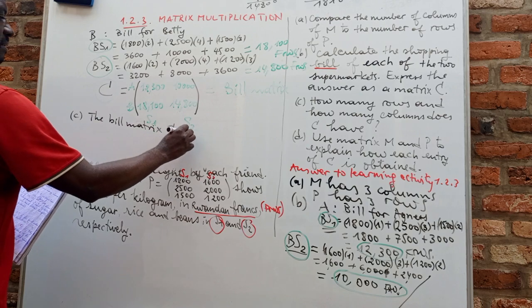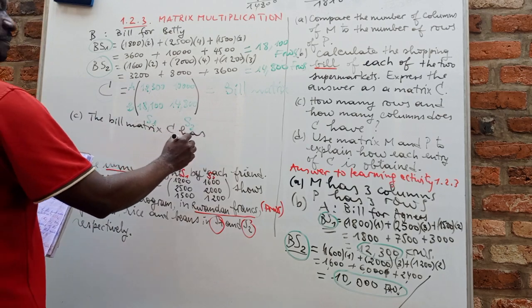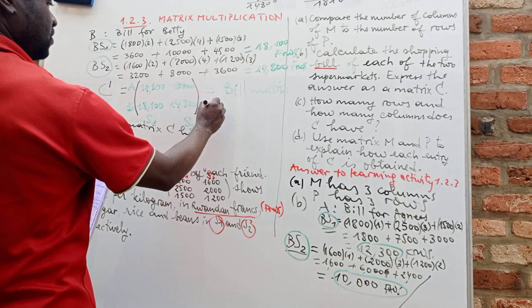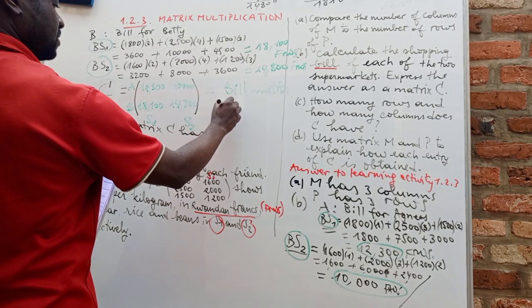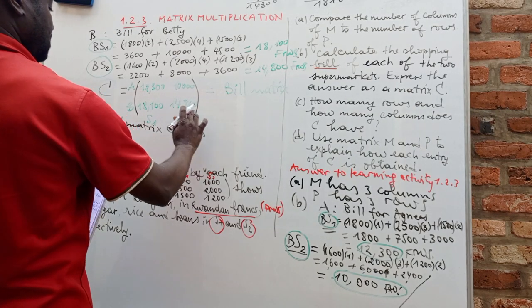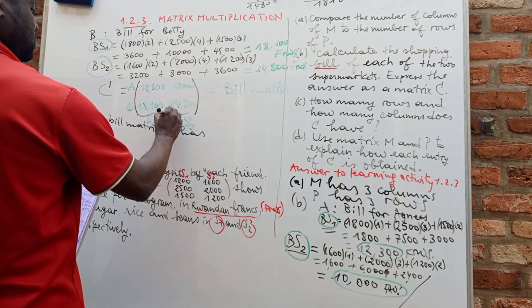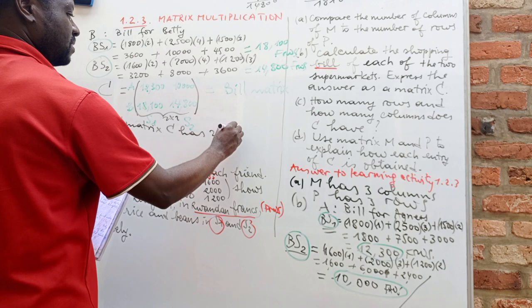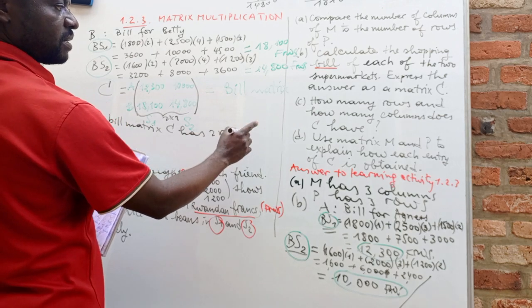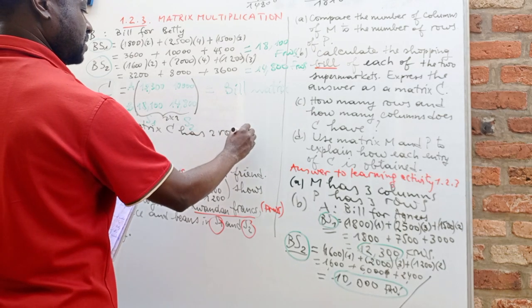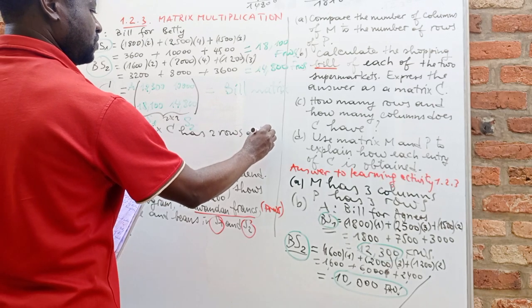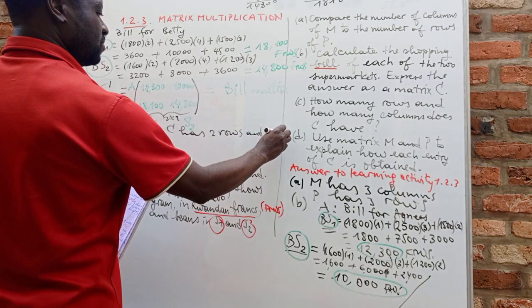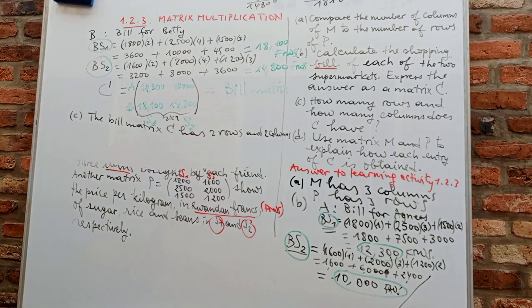C is a 2 by 2 matrix. It means that it has 2 rows and 2 columns. Okay, now this is what the matrix C looks like.